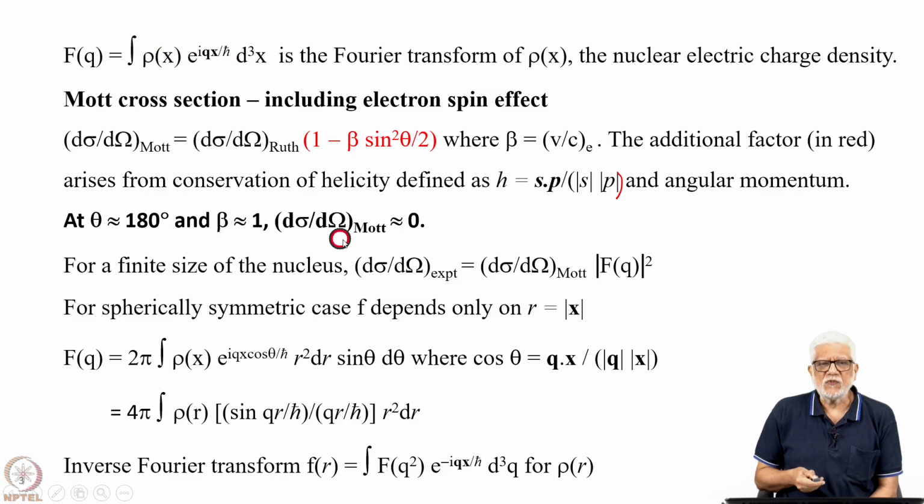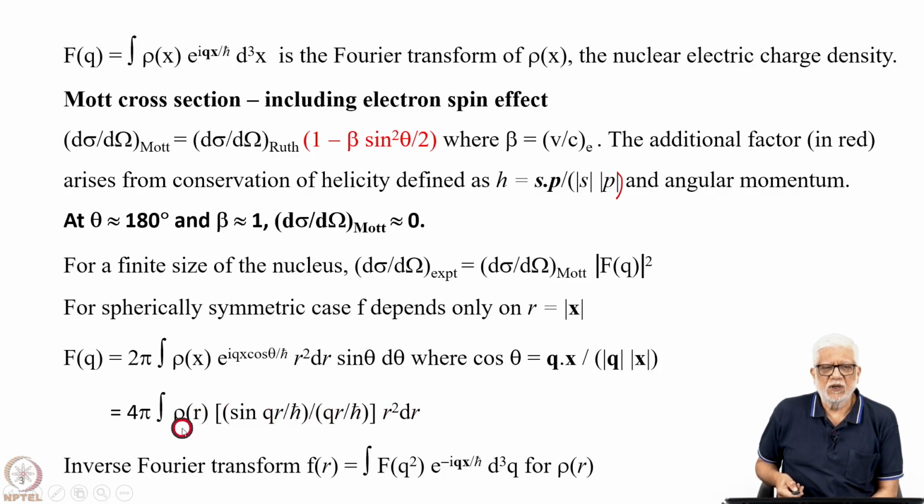For a spherically symmetric case, this F just depends on the magnitude of this vector. So it just depends on r, and if you put this in, you will see that F of q is just the integral of rho of r times sine of q r by h-bar, divided by q r by h-bar, times, of course, r squared dr.